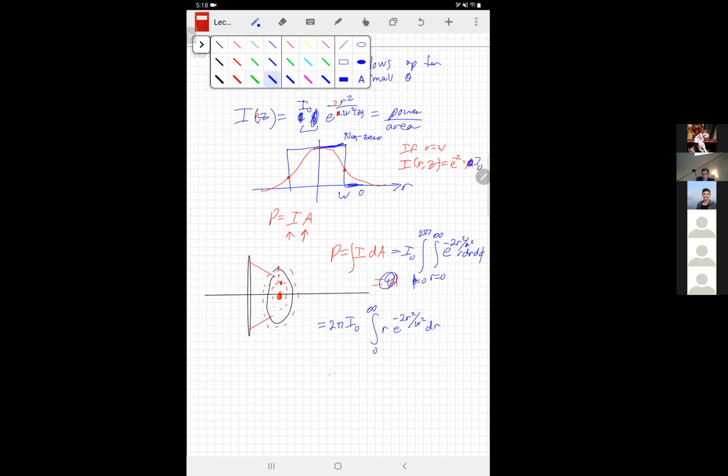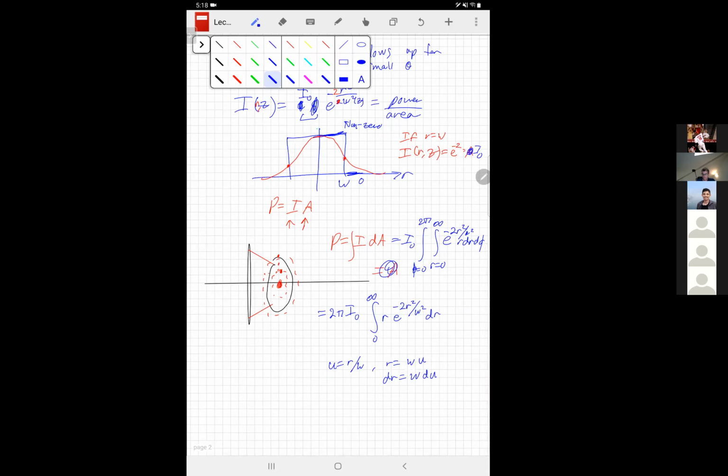I'm going to say that u is r over w, so r equals w u, and dr is w du. Then I get 2 pi I naught times the integral from 0 to infinity.